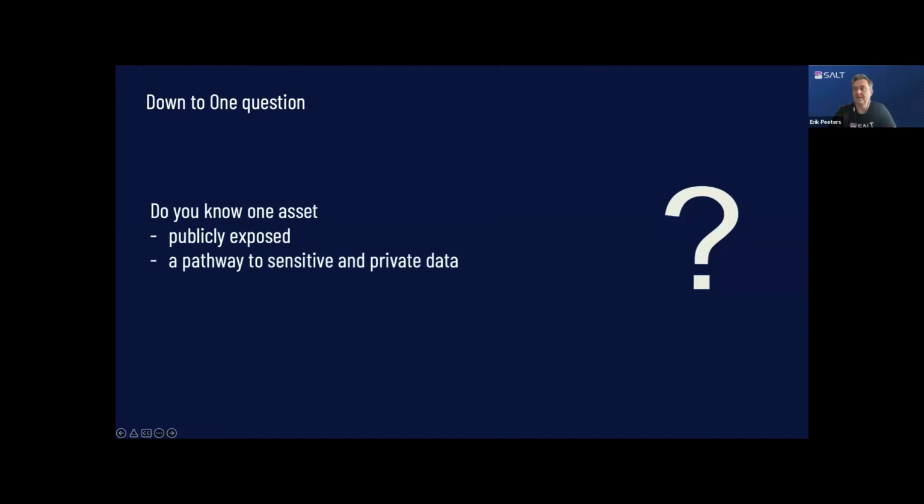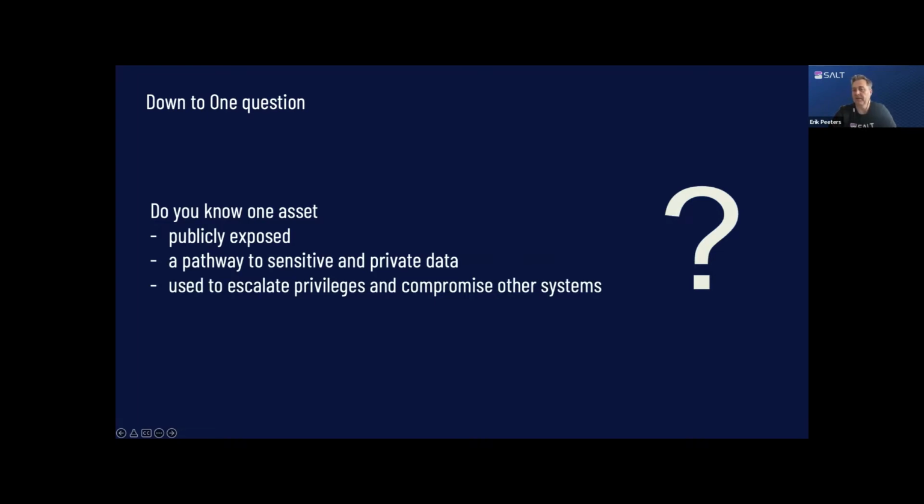But let's talk about the topic of today. So one question for all of you. Do you know one asset that is publicly exposed that has a pathway into sensitive data and into private data, and that is used to escalate privileges and compromise other systems?